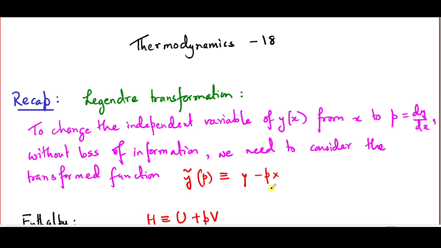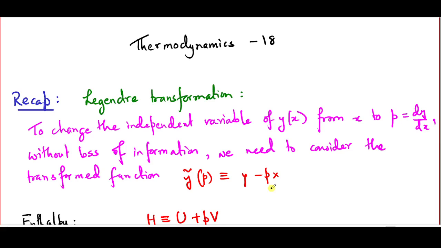Now, one immediate application of that stemmed from the fact that the internal energy expressed in terms of the variables S, V and N, entropy, volume and the number of moles, had complete thermodynamic information about a simple hydrostatic system. When I say simple, I mean that this had only one component.